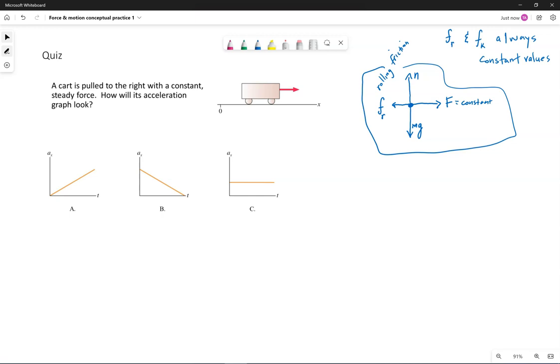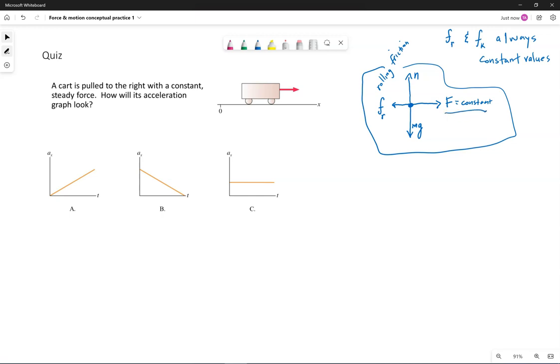Anyway, we have this cart being pulled to the right, normal force up, mg down, maybe a little rolling friction, which is going to be very small compared to the pulling force. We know the cart is staying on this track. We know the net force up and down, the vertical net force, is 0. So the normal force has to balance mg.